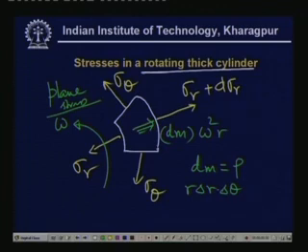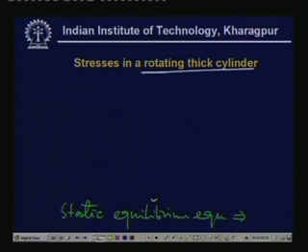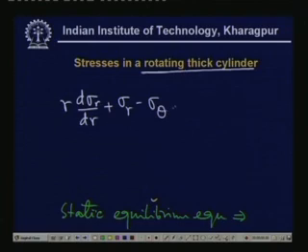So this is the total mass, and if you write down the static equilibrium equation, balancing the forces along the radial direction, you get very similar expressions: r d sigma r by dr plus sigma r minus sigma theta, plus rho omega square r square, equal to 0.